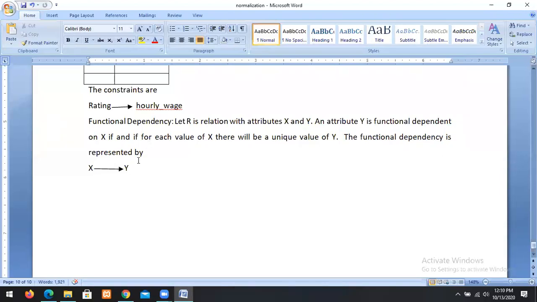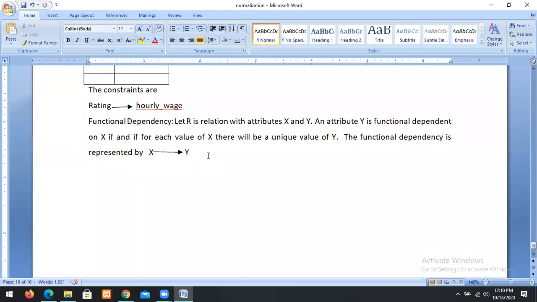Like this we represent functional dependencies. This is about functional dependency.